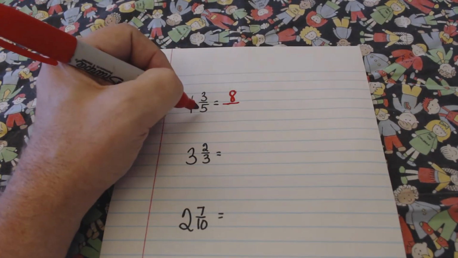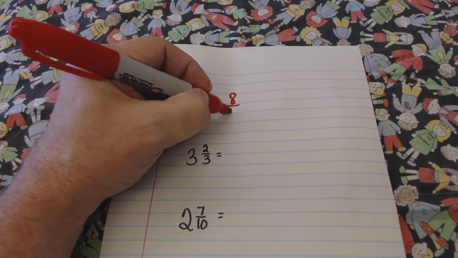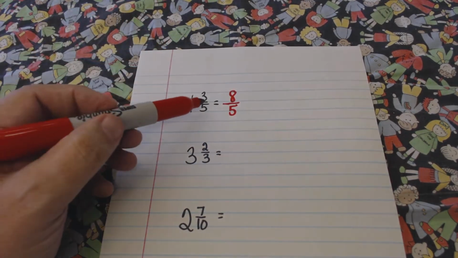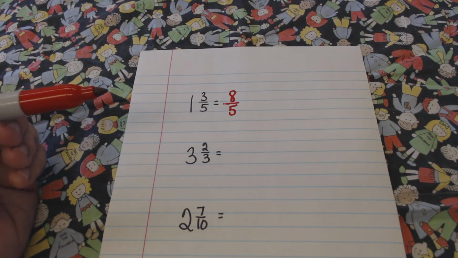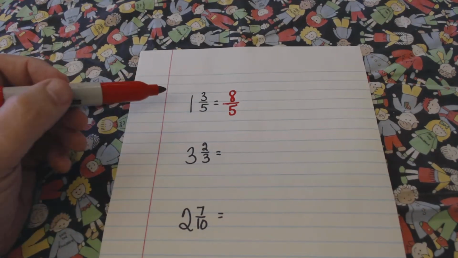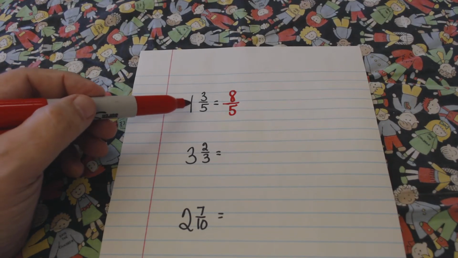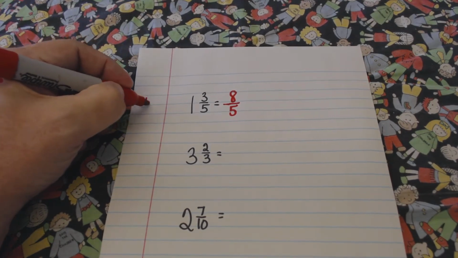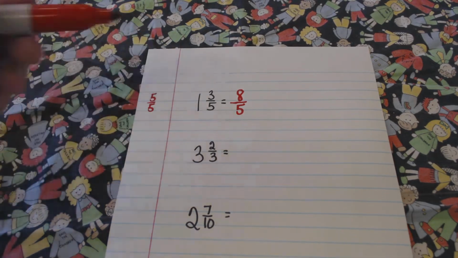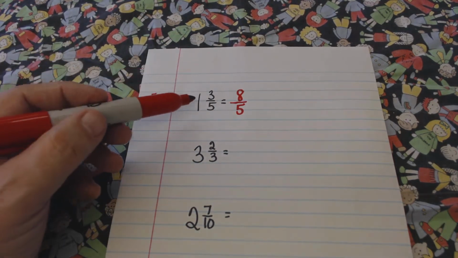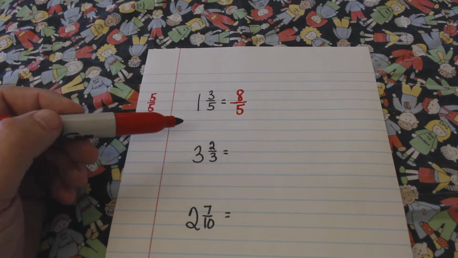The denominator is the denominator that was in the mixed number. So 1 3/5 is the same thing as 8/5. Okay? And really the reason why that works is 1 whole would be the same thing as 5/5. So 5/5 plus the 3/5 is 8/5. This is just a quicker way of getting there.